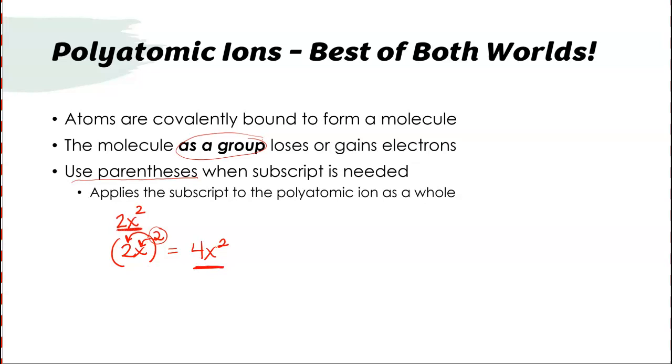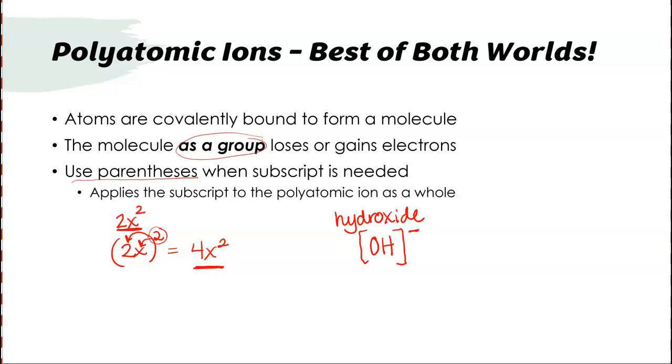And the same idea goes for these polyatomic ions. So for example, hydroxide is one of the polyatomic ions, and it is an oxygen and a hydrogen, and the whole thing has a negative charge.